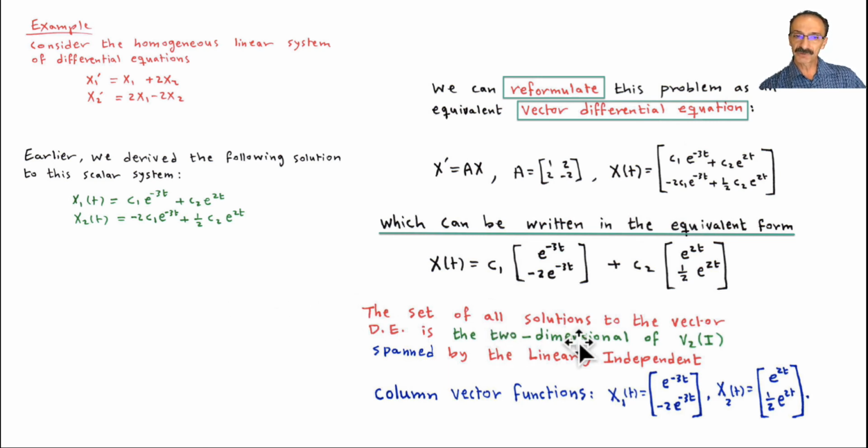So the set of all solutions to the vector differential equation is the two-dimensional V2 of I, spanned by the linearly independent column vector functions.